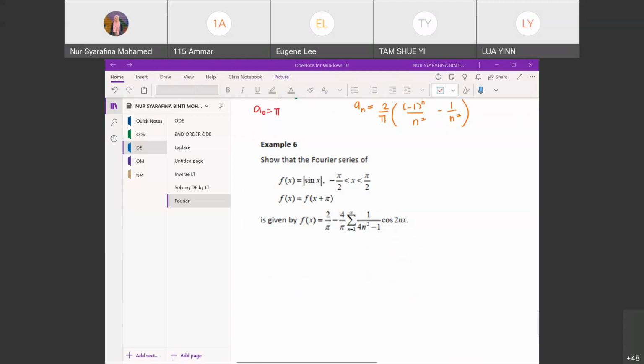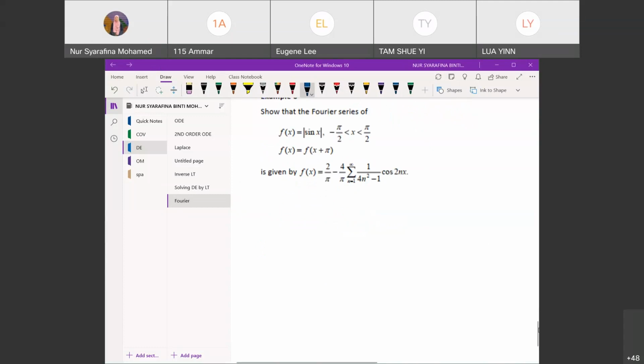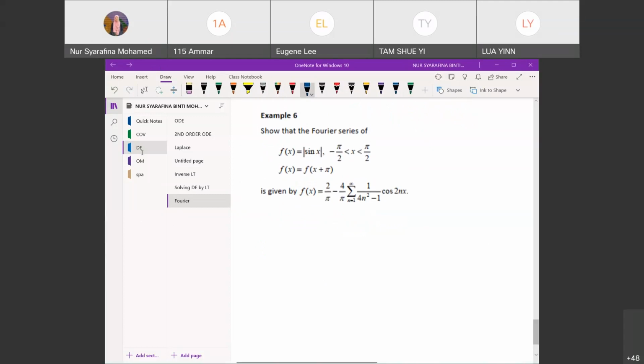Is it even or odd for this case? Okay, is it even or odd?